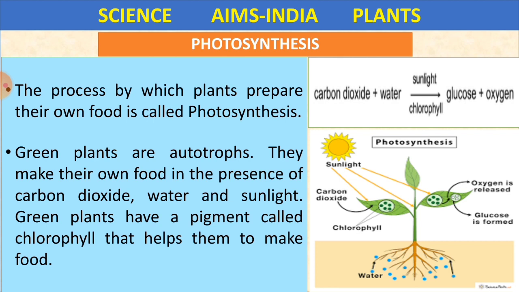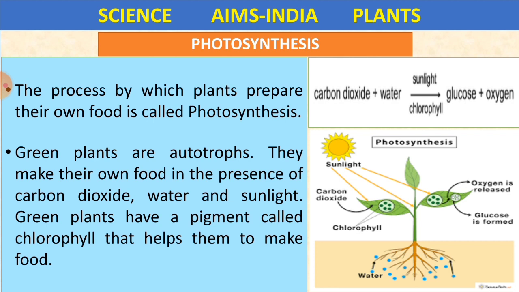That is why we say that plants need sunlight and water. Without these, plants cannot survive. Why? Because they will not be able to make food. They need three things: the gas which we cannot see, water and sunlight.